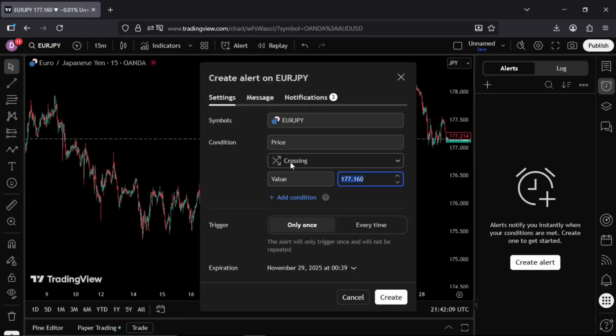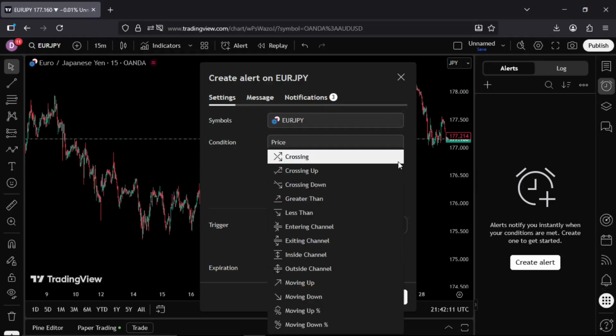Next, this right here is how you will receive the notification. As you can see, there are so many options here. The first one says crossing. What this means is when price crosses the alert, that's when you will receive the notification. This is general, because you can see the next two say crossing up and crossing down.